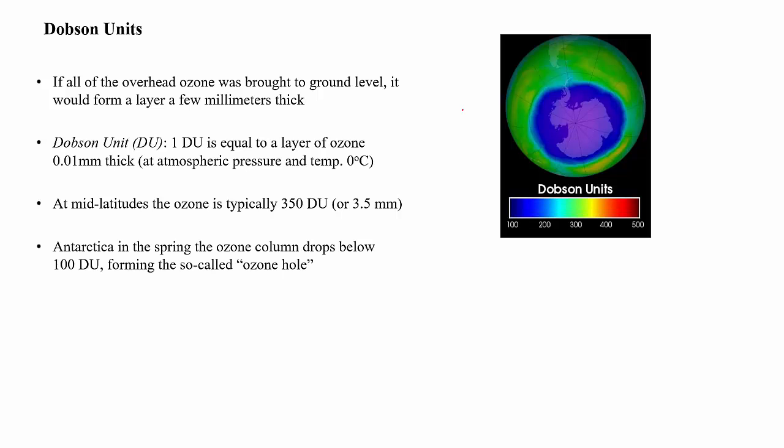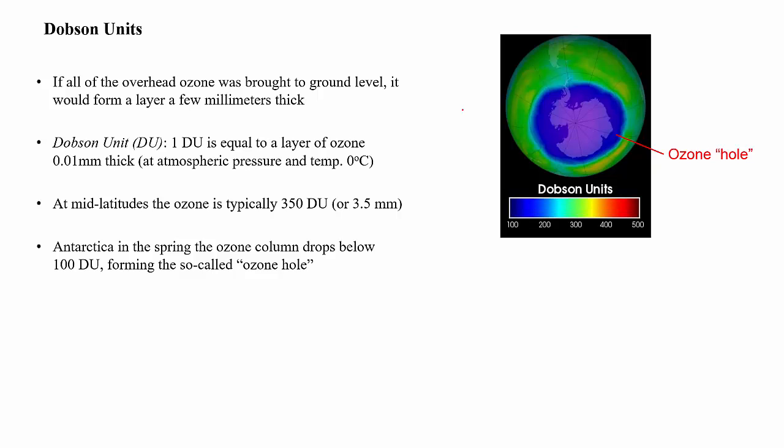Now, you may have heard of the so-called ozone hole in Antarctica. It's quite famous, and we'll talk about it more in this lecture. In Antarctica in the spring, the ozone column drops below 100 Dobson units, forming the so-called ozone hole. Of course, it's not really a hole, it's just a decrease in the concentration of ozone in that area.